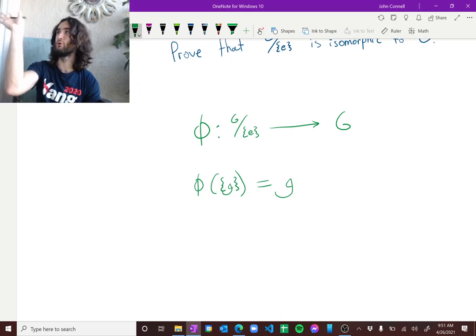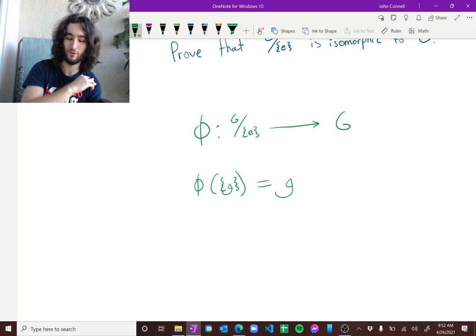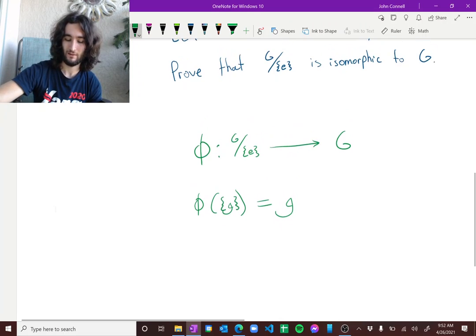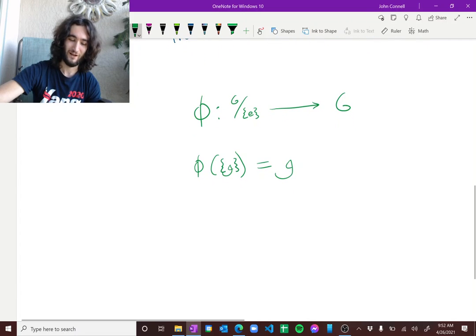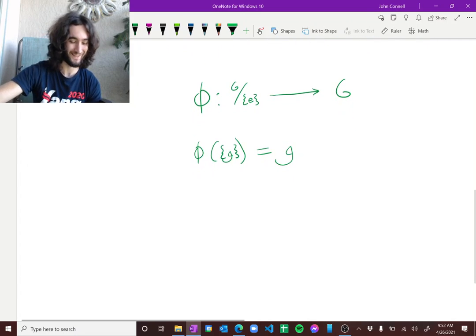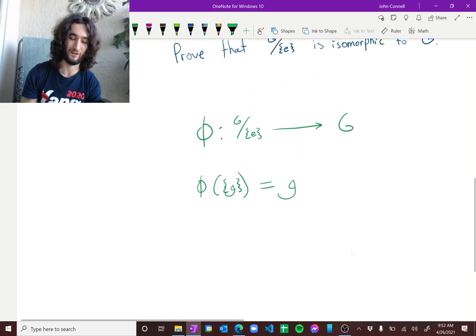We're just going to remove the set brackets. If you want, you can go through the motions and prove that it is a bijection and a homomorphism and all that stuff. So sure enough, it's an isomorphism.